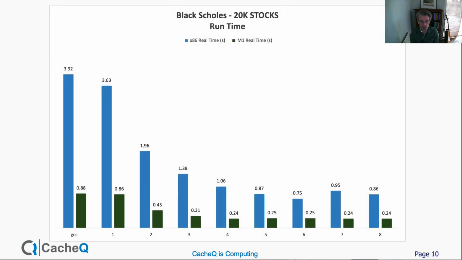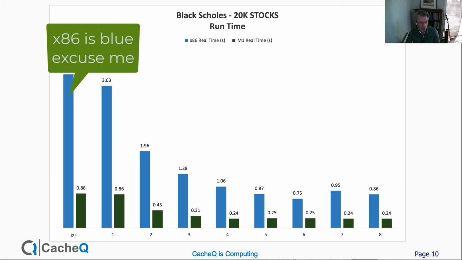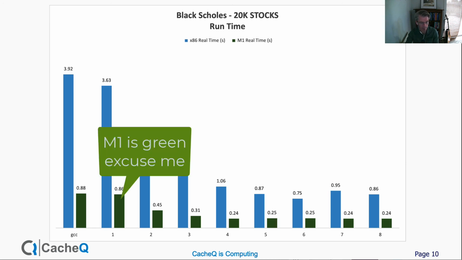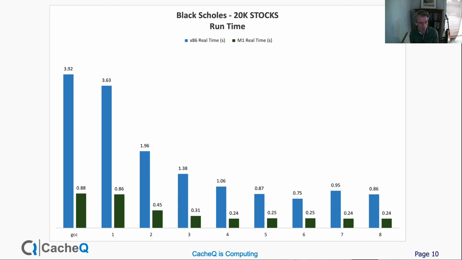And I plotted the run results, comparing each of them to each other based on the number of threads. So on the left here is GCC. The beige is the x86 numbers, and the black are the Apple M1 numbers. And you can see even just on GCC that the Apple M1 is almost 4x or 3.7x faster, just comparing those two.